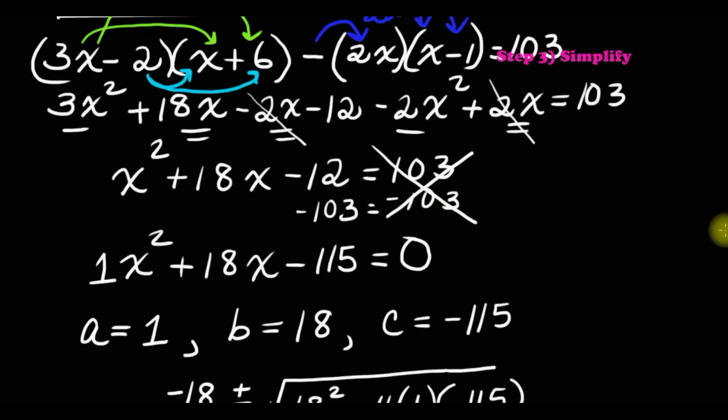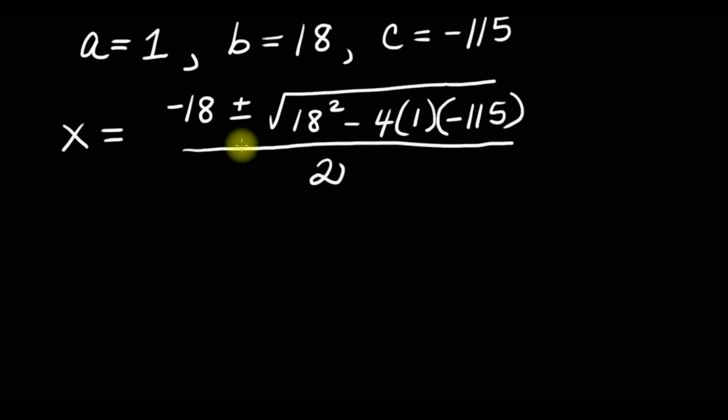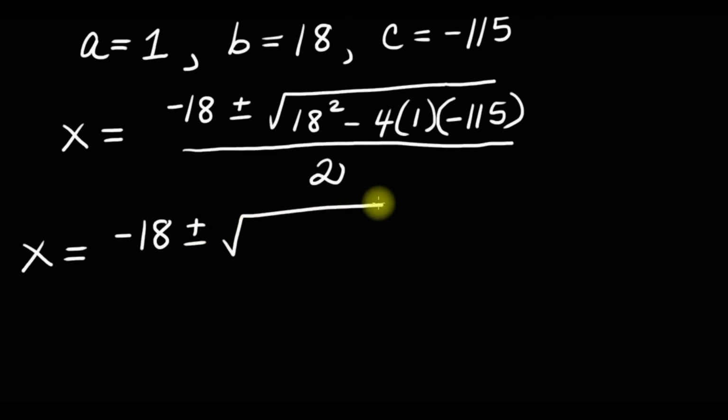Step 3 is to simplify. So we need to simplify what's on the right-hand side of the equal sign. So x is negative 18 plus or minus the square root of 18 squared. 18 times 18 is 324.